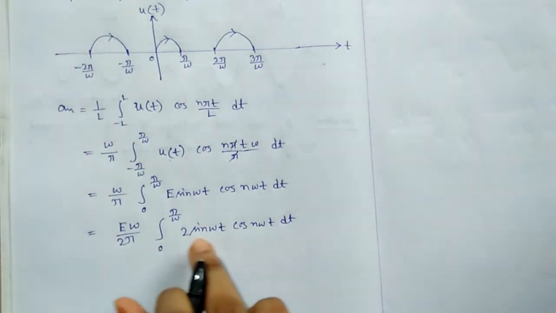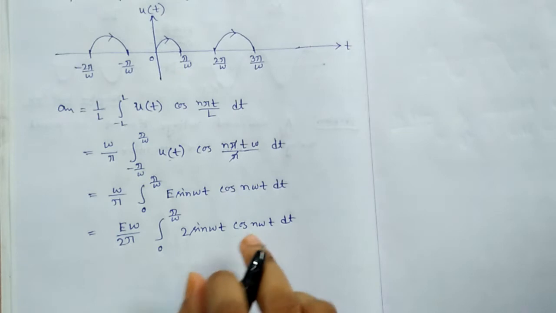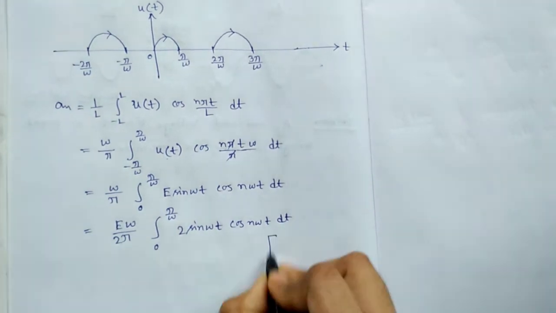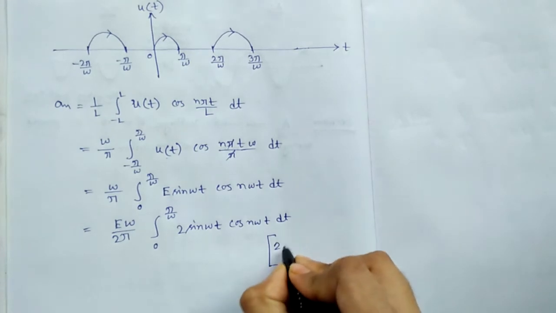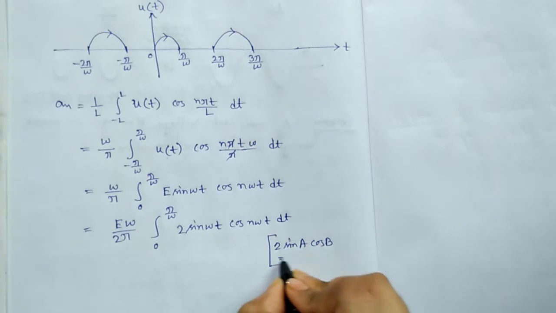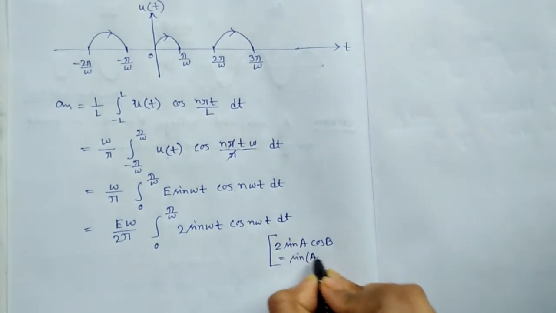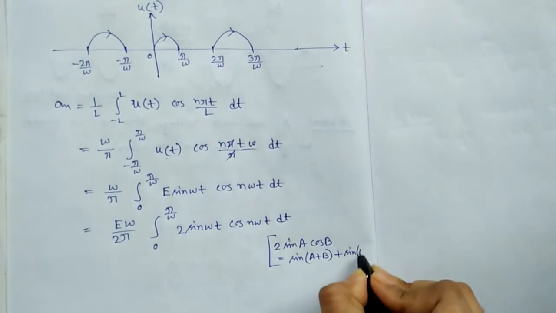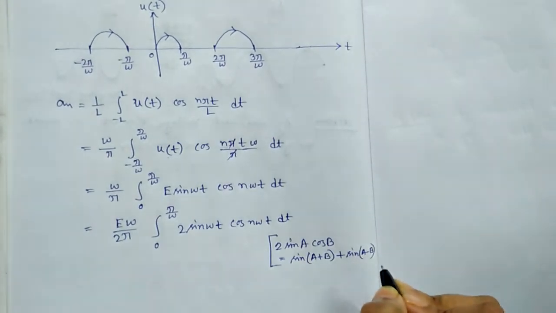Now if we write this, then 2 sin A cos B. This is a known formula. What is the formula? The formula is: 2 sin A cos B is equal to sin(A plus B) plus sin(A minus B). Right?